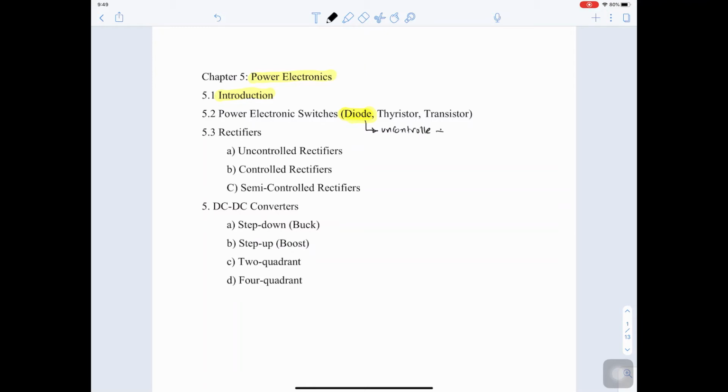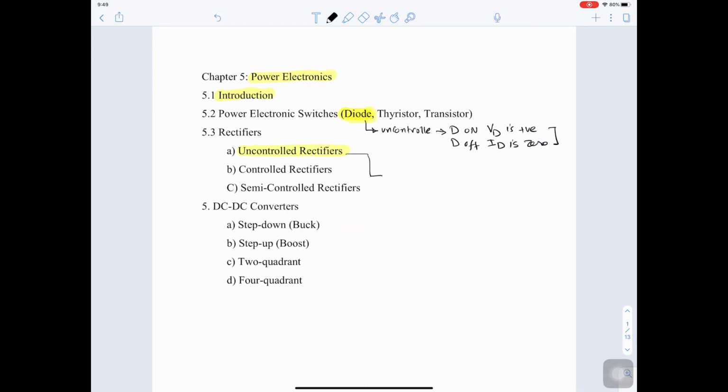The diode will turn on when V diode is positive, and the diode will turn off when I diode goes to 0. So you have no control over the diode. That's why the diode is used for an application called uncontrolled rectifier. Diodes will convert AC to DC, but the DC you have is uncontrolled.